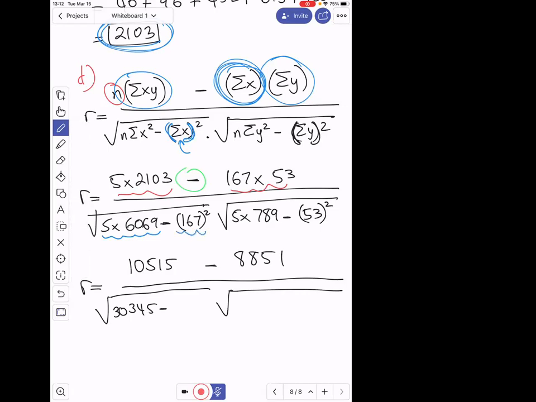So this is 167 times 167, which is equal to 27,889.